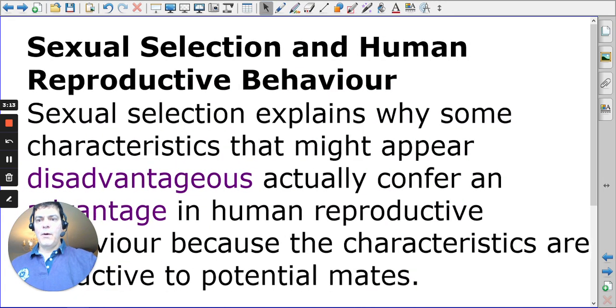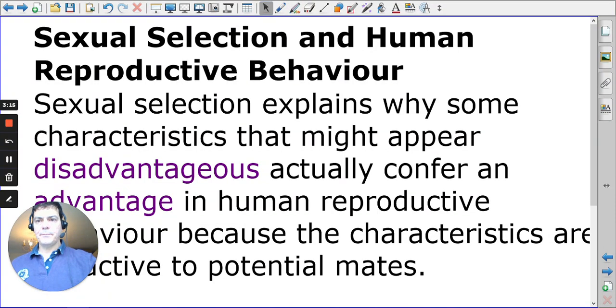So what can we say about sexual selection? It explains why some characteristics might appear disadvantageous but actually confer an advantage. For example, if I'm trying to hide from an animal and I'm large, I might find it difficult to hide, to climb a tree, or to escape being that animal's meal.